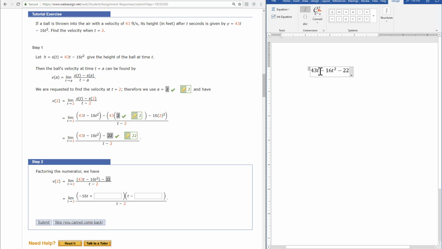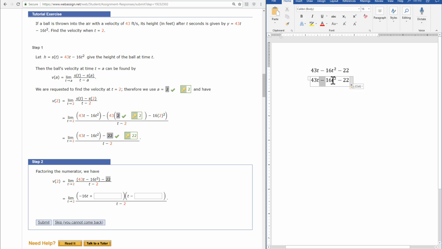So let's switch things around a little bit, by that I mean switch it so that it's in descending order of power.